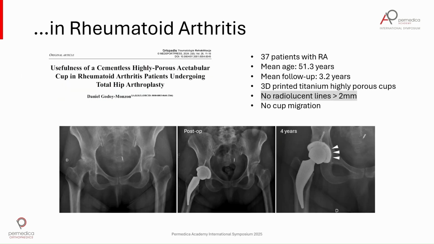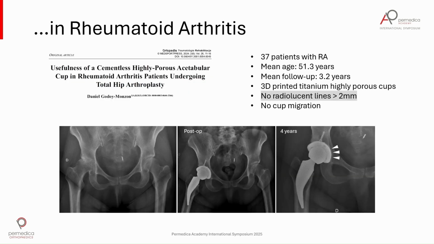In our cases, we use the Tracer directly. We have 37 patients. We have followed them up to now at 3.5 years. We have no cup migrations. The only thing is that we found this.